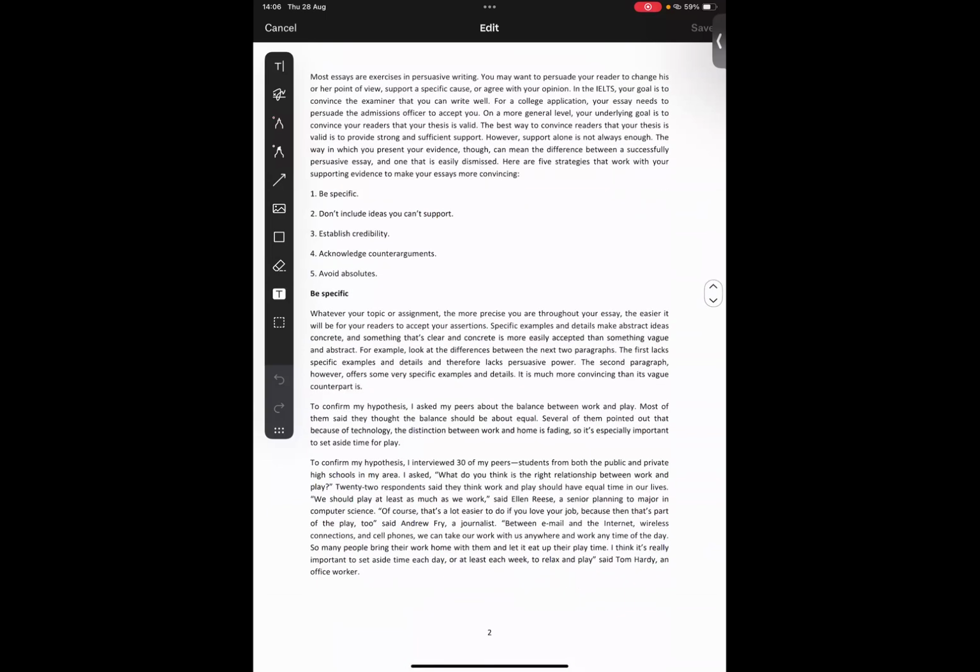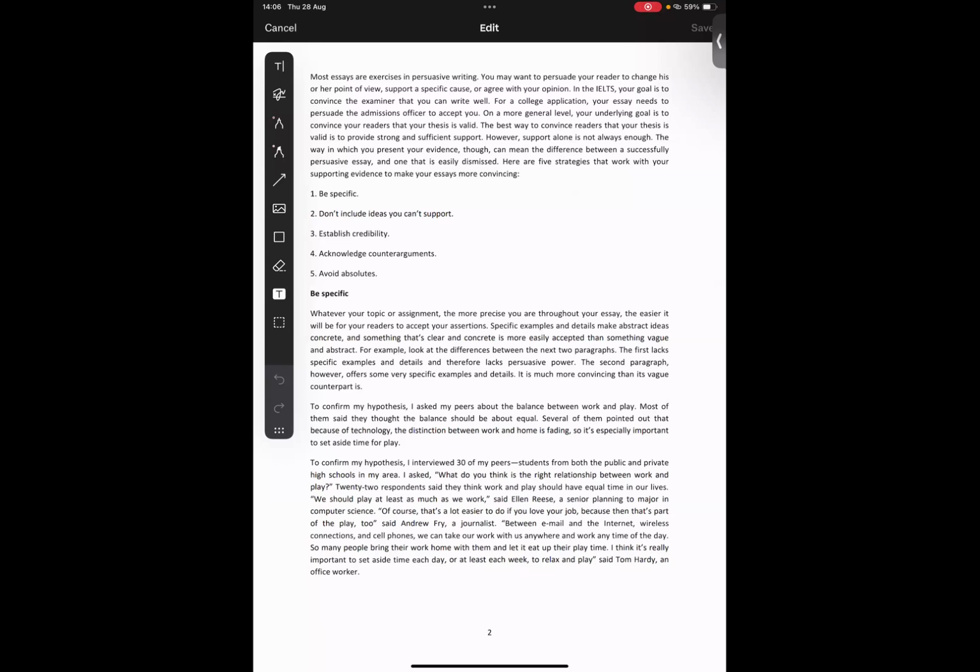So here we go. There are five different strategies to make your writing more persuasive. One is being specific, right? And that's what we were focusing on in our last session.